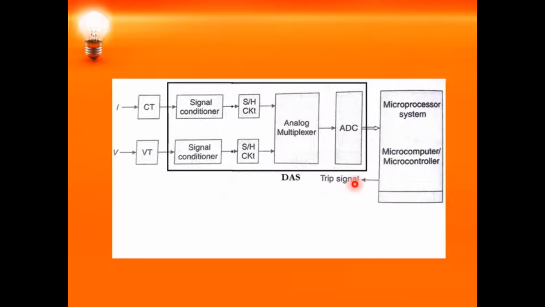Due to the lower cost and the increased functionality which can be included in the microcontroller, microprocessor or DSP based processor, numerical relays are better compared to conventional relays. You also have intelligent numerical relays, based on artificial neural networks, that is ANN, and fuzzy logic systems.